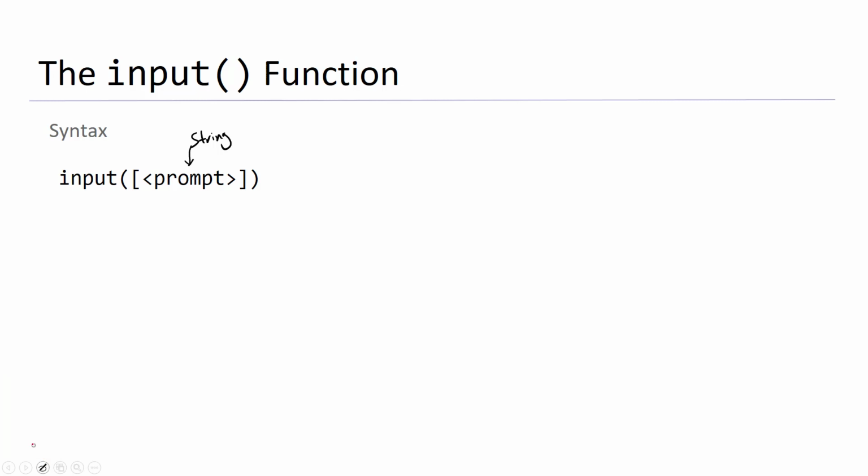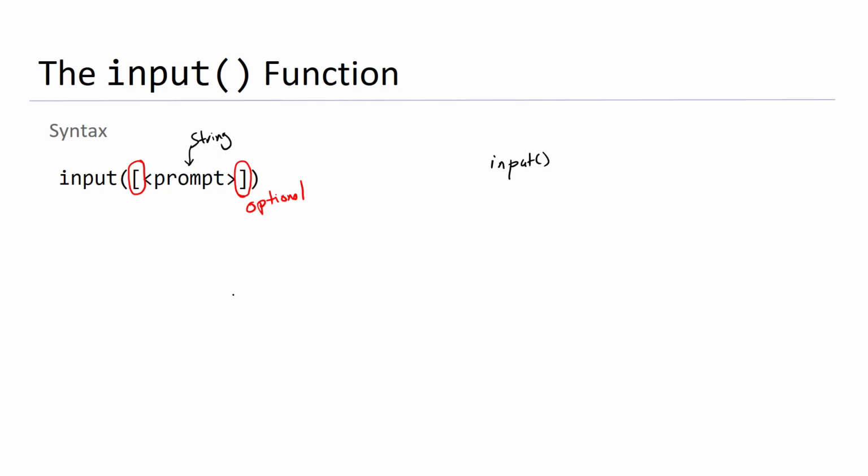The way you know that the parameter is optional is because of these square brackets. They indicate that the parameter is optional. So I could call the input function without passing it anything, for example, by just simply typing input in Python.